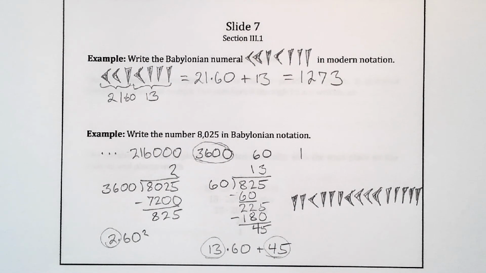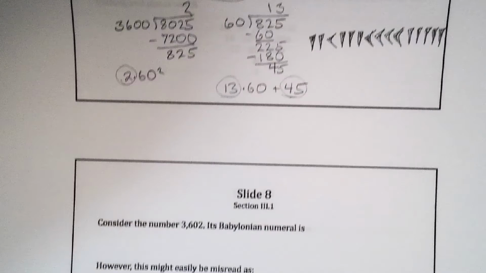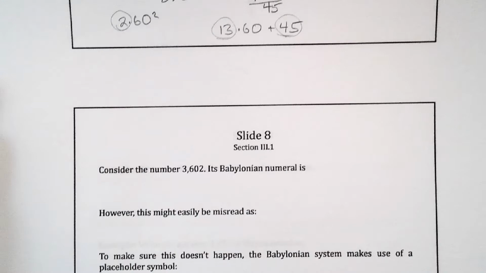Okay, and that's how we represent 8,025. So yeah, these problems are a little more challenging, I think, going back and forth with Babylonian. So we'll probably talk about it quite a bit when we discuss the homework, but make sure to attempt them on your own. Now, let's talk about one thing that sometimes comes up with these numerals.